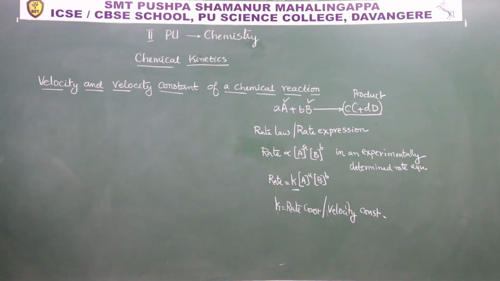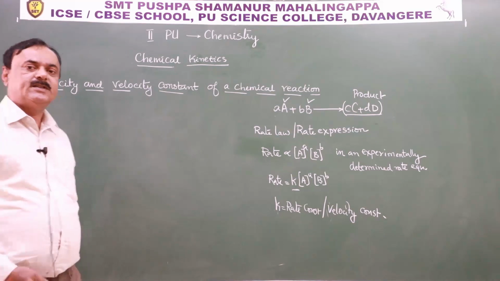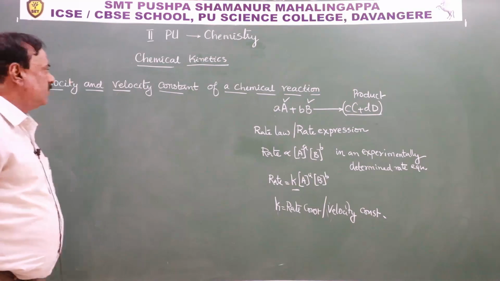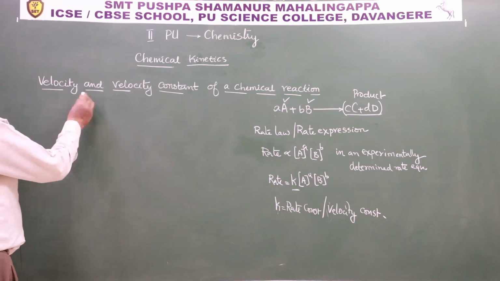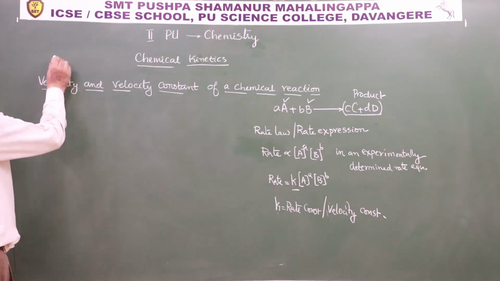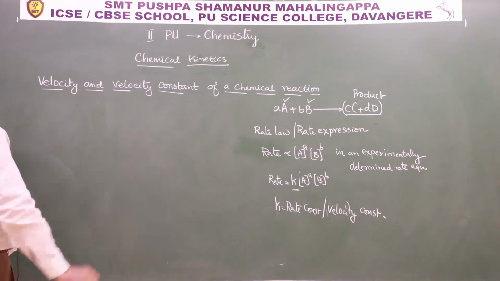The rate of a chemical reaction is more in the beginning because the concentration of the reactant is more. Now the rate constant is often called the rate or rate constant.